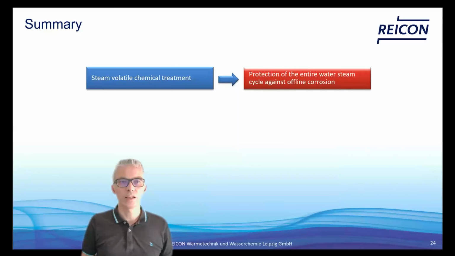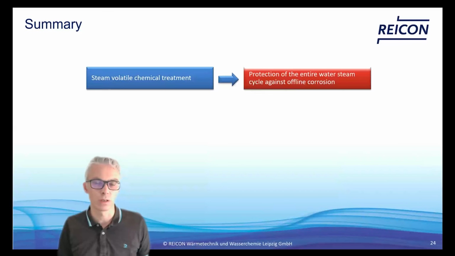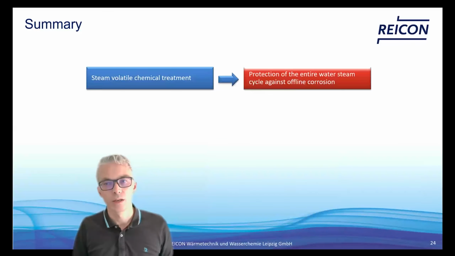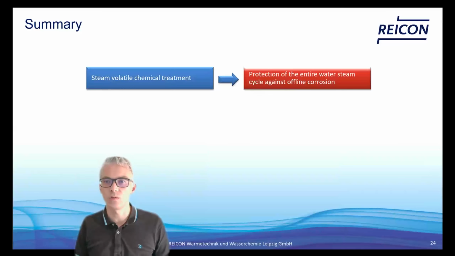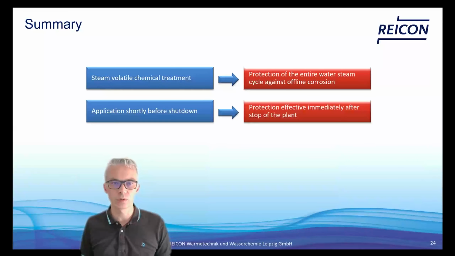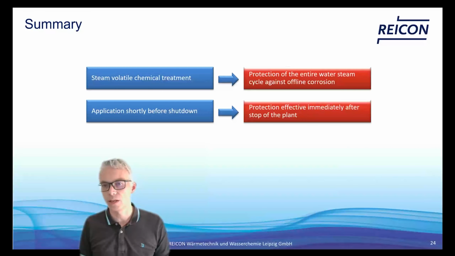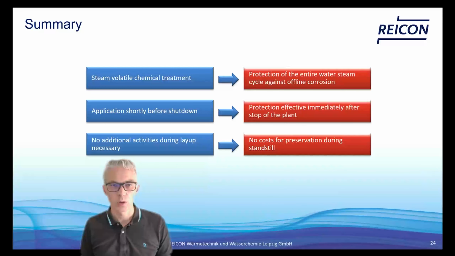So coming to the end, film-forming amines are very helpful in terms of preservation, because it's a volatile treatment. It protects the whole system against offline corrosion. You don't need to have several preservation strategies for separate systems. The application can be done shortly before the shutdown, so the protection effect is there immediately when the plant stops.